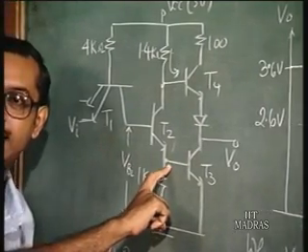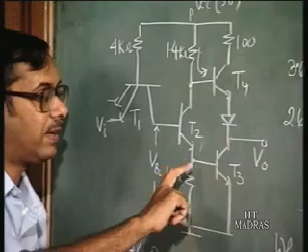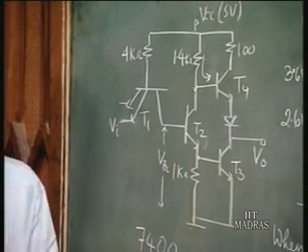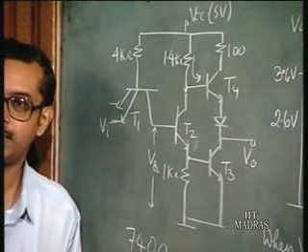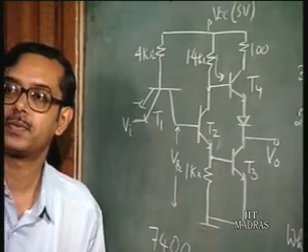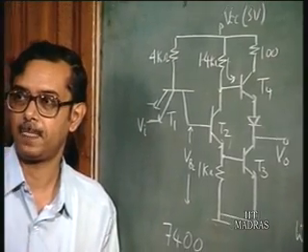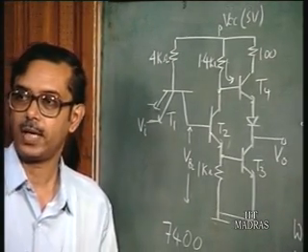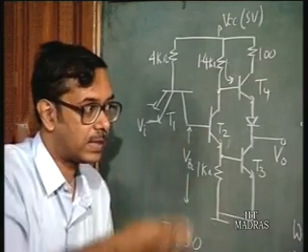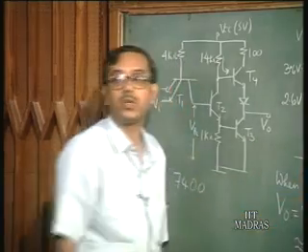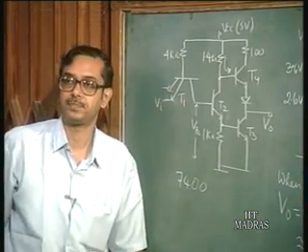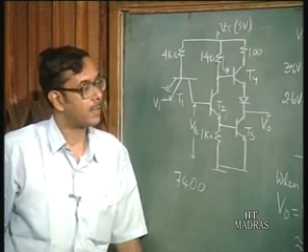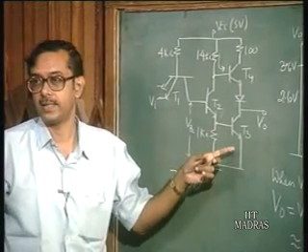And so effectively the emitter resistance is going to be reduced, and so the slope is going to be increased. So the output voltage is going to fall more sharply, and both T2 and T3 are conducting.